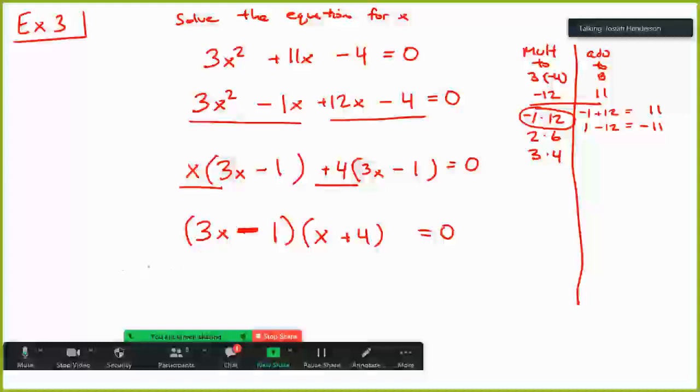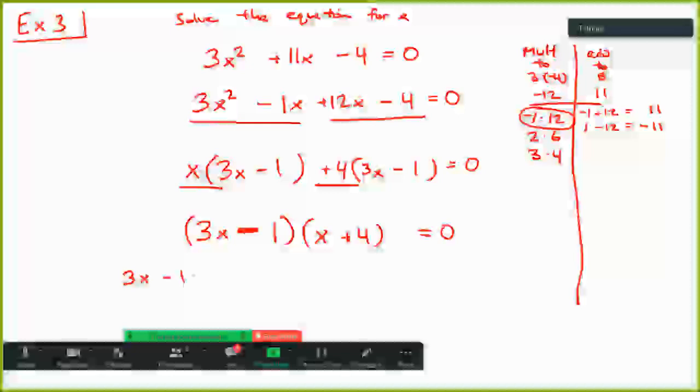So to figure that out, we're going to take each factor and set it equal to 0. 3x minus 1 equals 0. And just like last time, we're going to do 2 steps and solve this for x. So we add 1 to the left and the right. 3x equals 1.